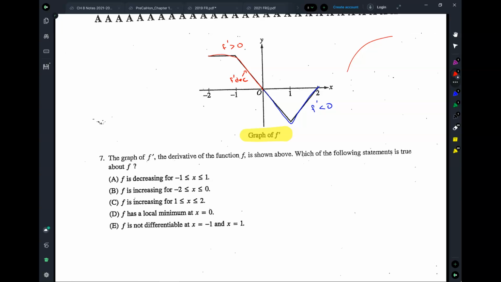F prime is decreasing, so f double prime is negative. Does that just mean that f prime, which is a slope, has a negative slope? So right, f double prime is negative. It's still positive, it's just going down? We don't know if the graph is positive or negative. Okay.